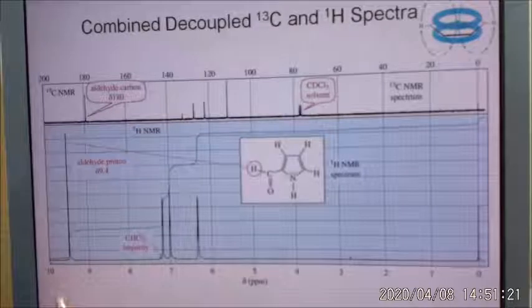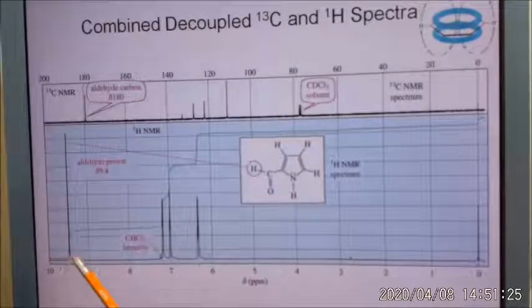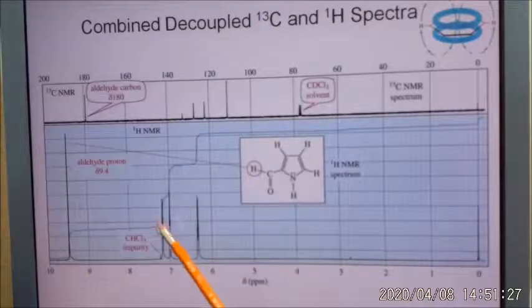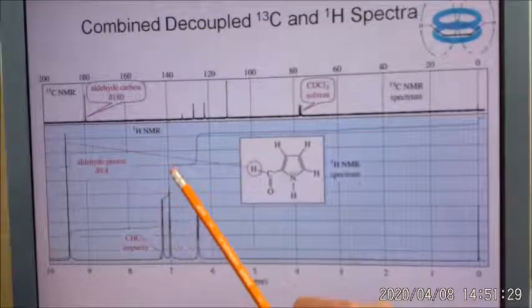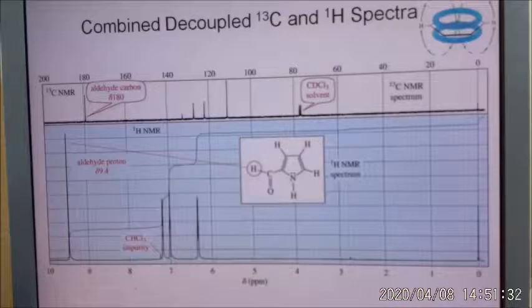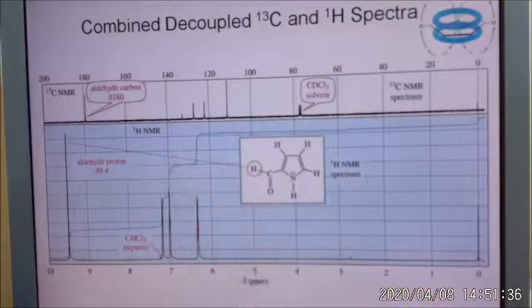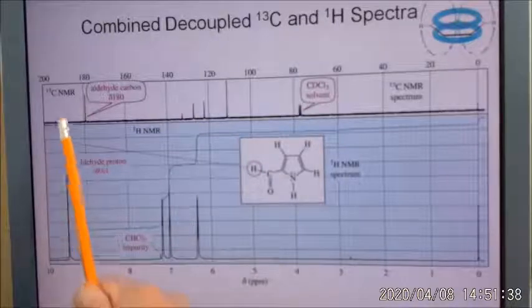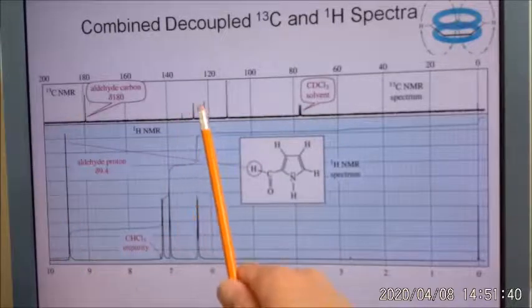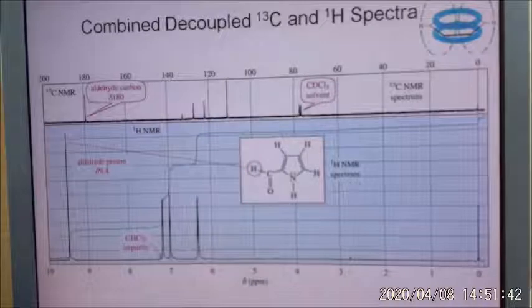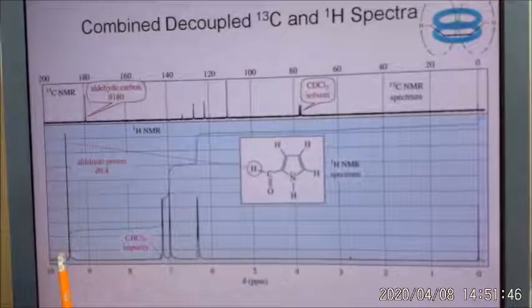Well, yeah, because look at between 9 and 10. Crystal clear. Aldehyde proton. If we know this is 1, that looks like it's 1, 1, 1. So I have 1, 2, 3, 4 hydrogens. I have 1, 2, 3, 4 carbons. So one of them's taken up in the aldehyde.